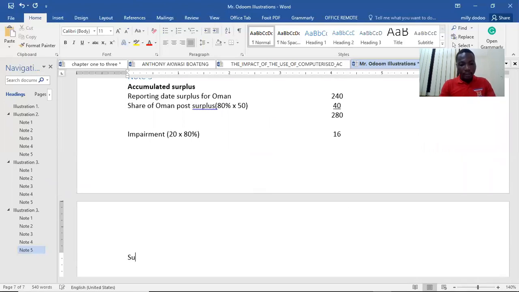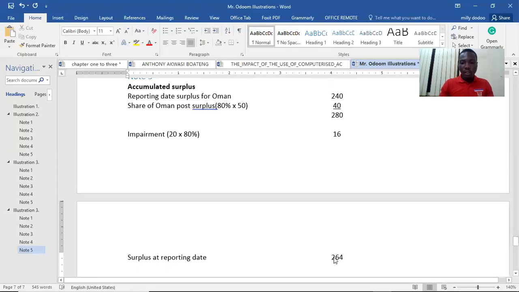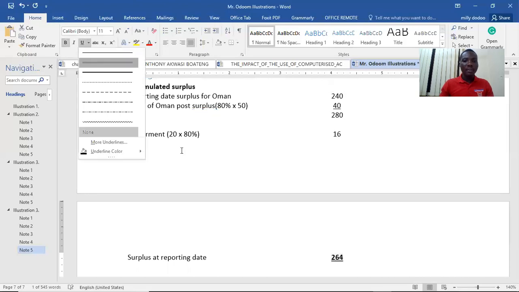So therefore, the surplus at reporting date now will be 280 minus 16. 280 minus 16 is 264. So 264 should be our balance.